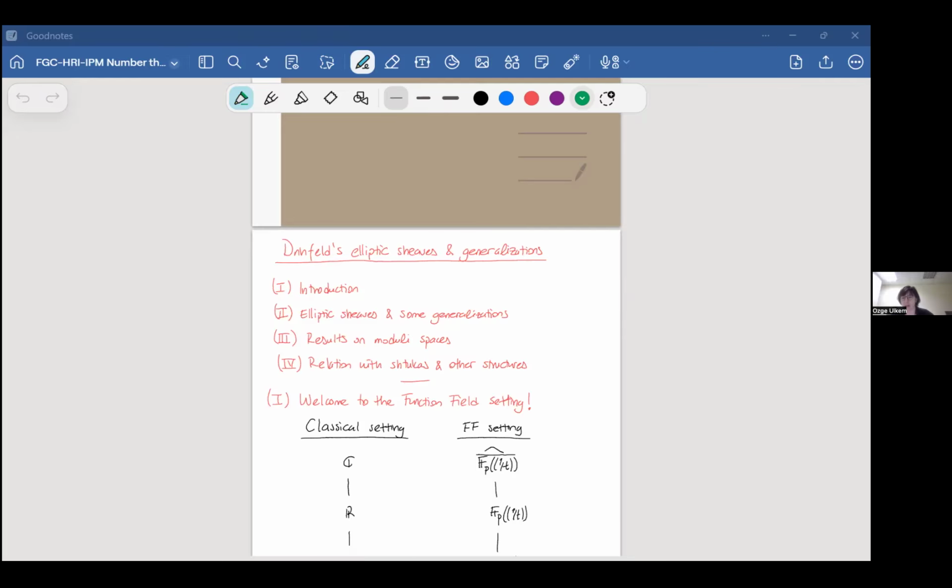And then I'll state some results on the moduli spaces. And if time permits, I'll discuss the relation of elliptic sheaves and all the other structures with Drinfeld shtukas and other shtukas or other structures in the function field setting. So let's start.